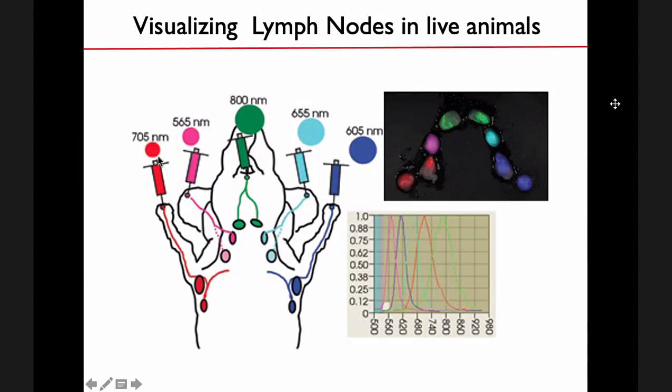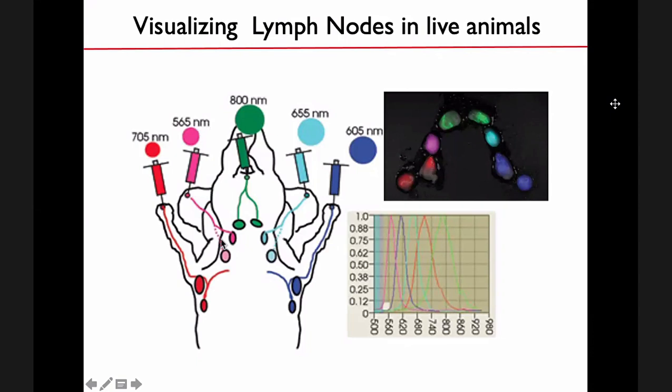Now, if you inject this dye in one of the four limbs, very early after injection, within a few minutes, if you visualize, these two lymph nodes will light up, as you can see here.